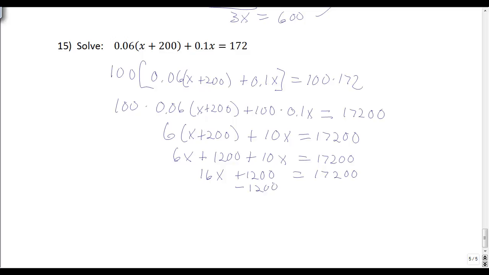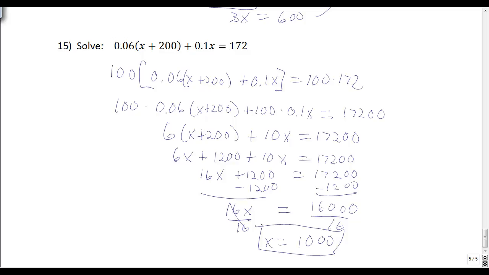Subtract the 1,200, and I get 16x equals 16,000. And when you divide by 16, really these 16s cancel out on the left. Then essentially I do on the right, but I'm left with 1,000. So that looked a little bit scary with the 17,200, but things worked out fine in the end.